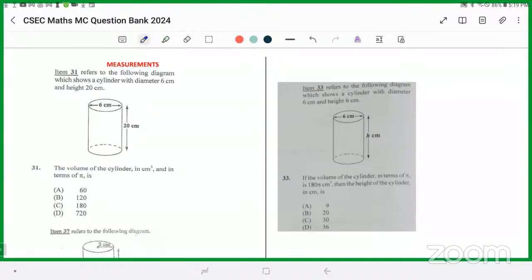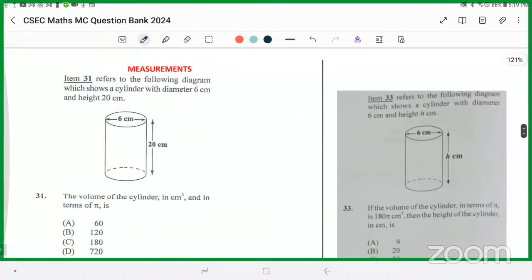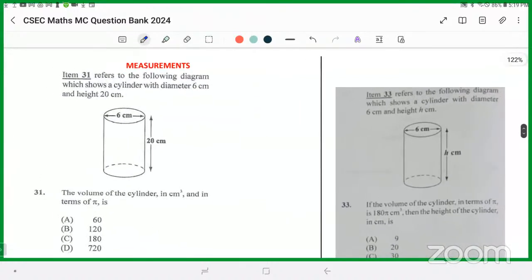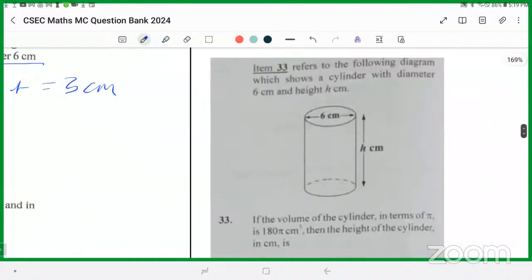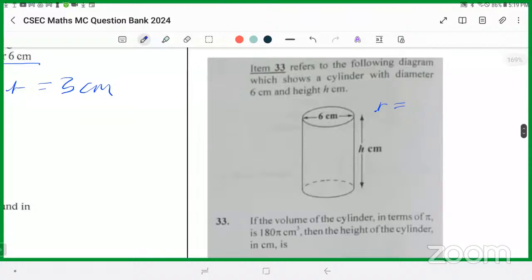Let's look at what it says. Item 31 refers to the following diagram, which shows a cylinder of diameter 3. No, we don't work with diameter. So the first thing I would do for this question is record R as 3 centimeters, because we tend to work with radius. Same thing for this one. R is 3 centimeters. That's the first thing.